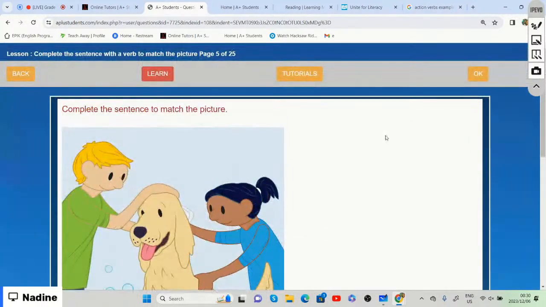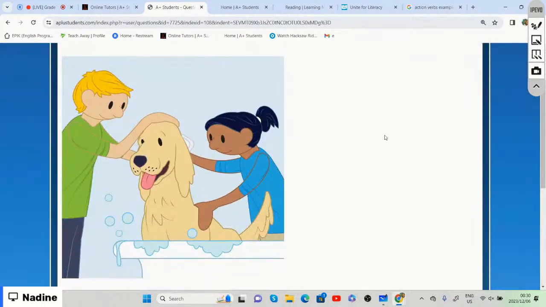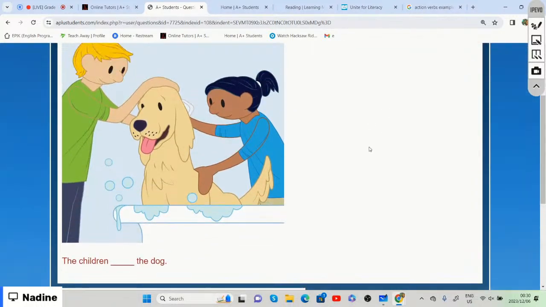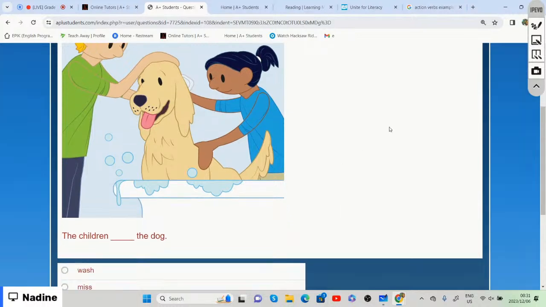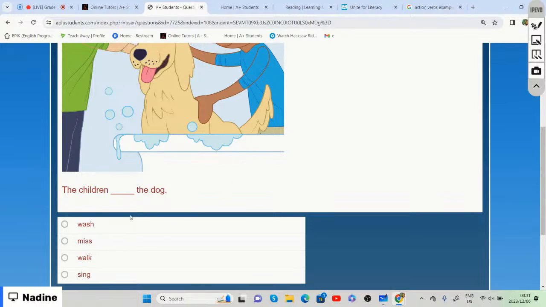All right. What are the children doing? If you look at the picture, what do you think the children are doing? So they say the children wash the dog, miss the dog, walk the dog, or sing the dog.